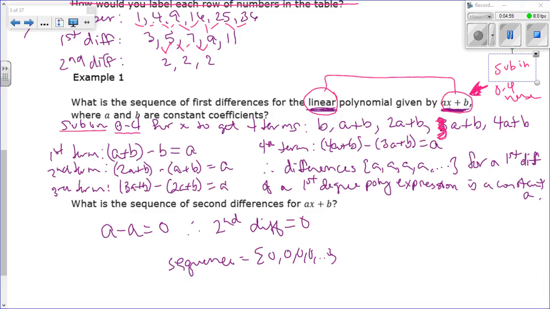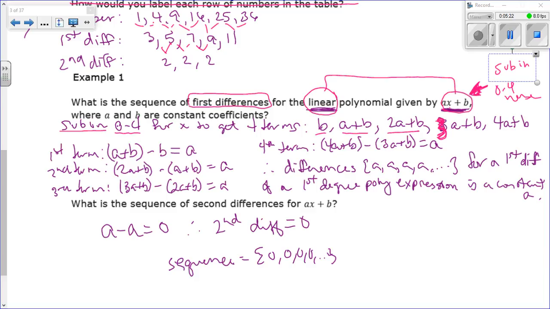Then they asked me to find the first differences, which just means subtracting my terms. So to find my first term in my sequence, I would do a plus b minus b, and I get a. And then I would do 2a plus b minus (a plus b), and I'd get a.